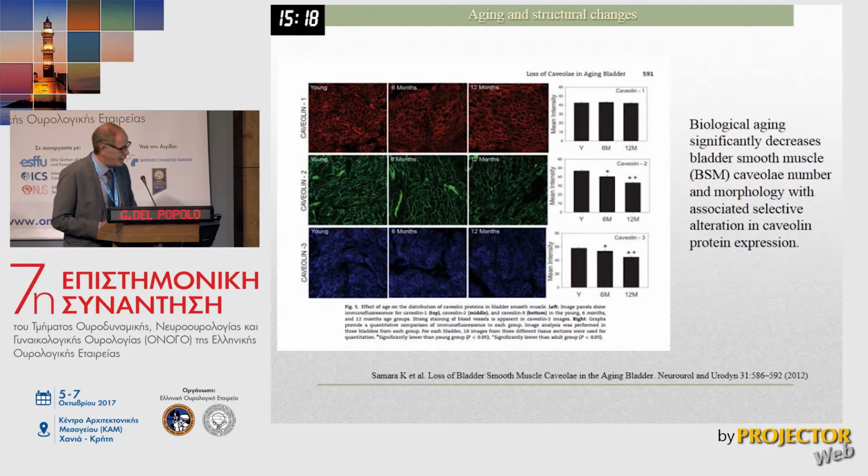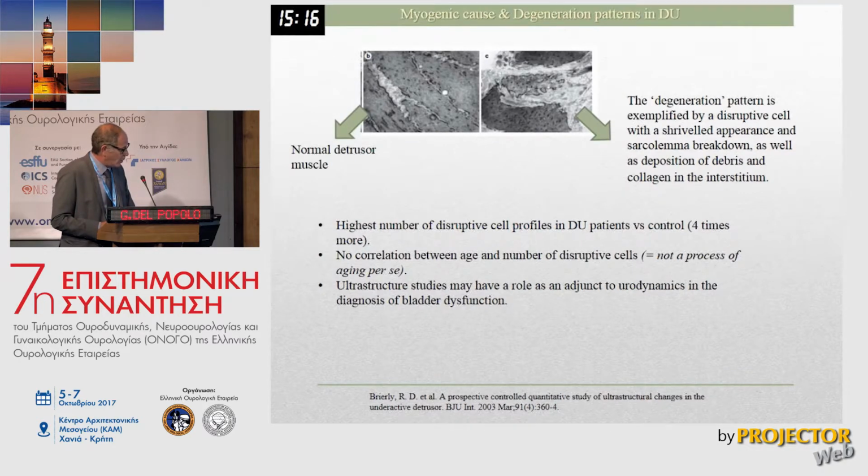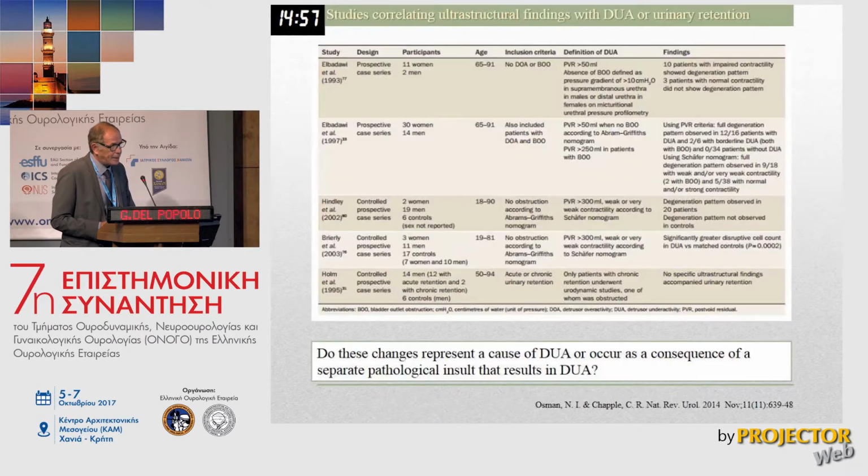But it was also demonstrated that in patients with DU, there are a high number of damaged cell profiles, but there is no correlation between age and damage of the cell. So this is something that is still unclear.